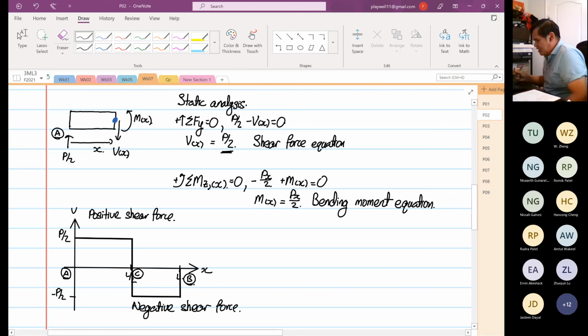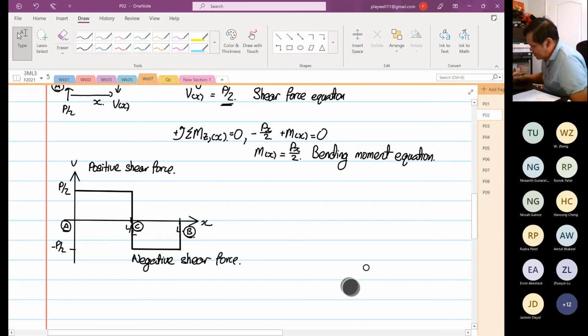Next, we are going to construct our bending moment diagram. You can see this is Px over 2. So the parent function, this is high school stuff, I hope you all remember, is y equals mx plus c.